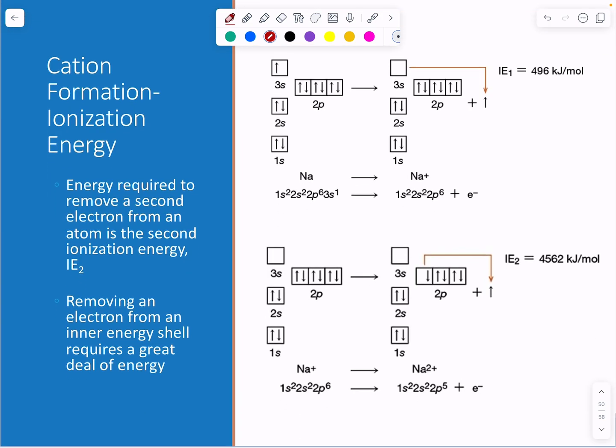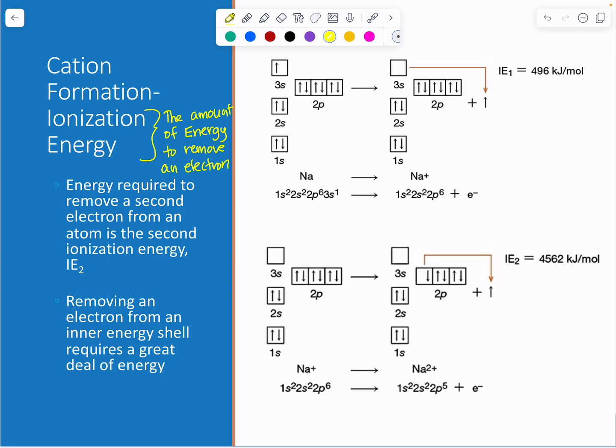All right, so we talked about ionization energy before, and if you recall, ionization energy is the amount of energy it takes to remove an electron from an atom. The easier it is, the lower that amount of energy is going to be.